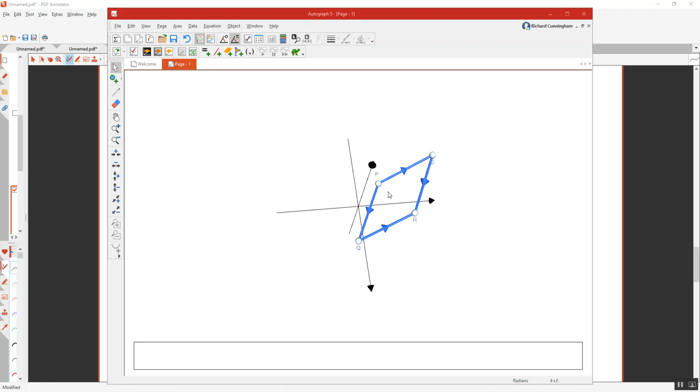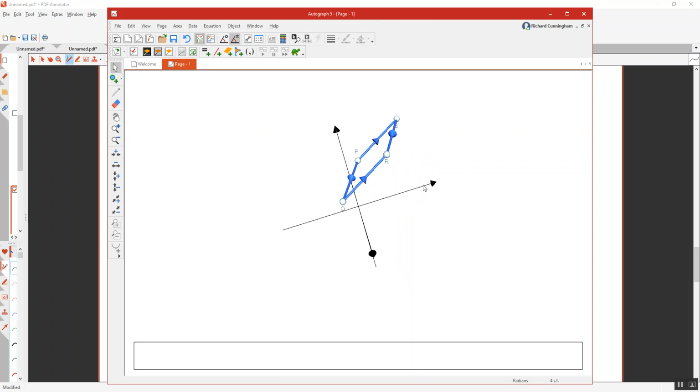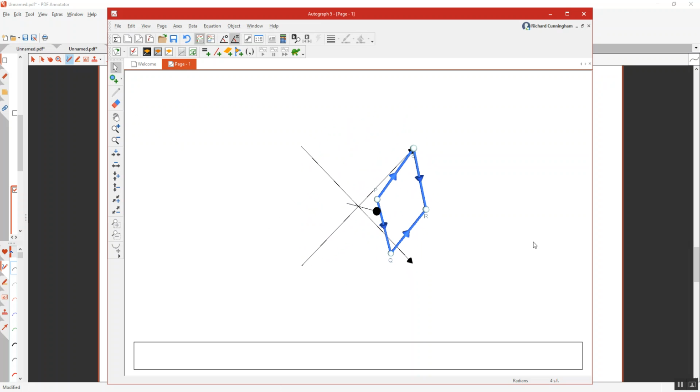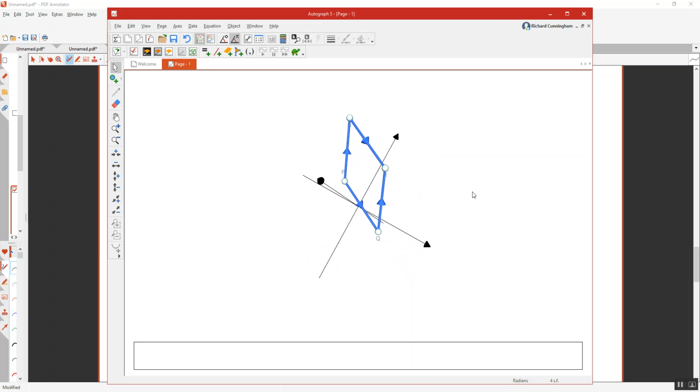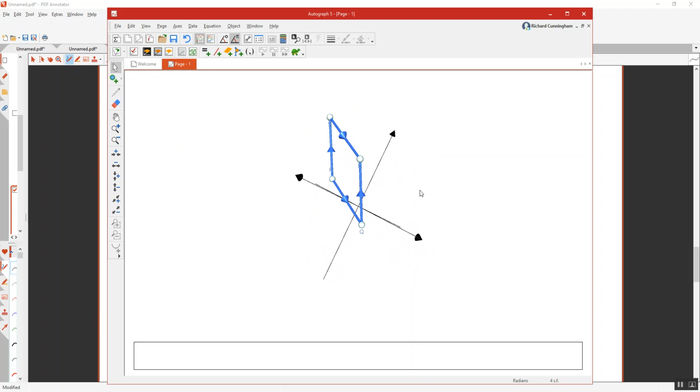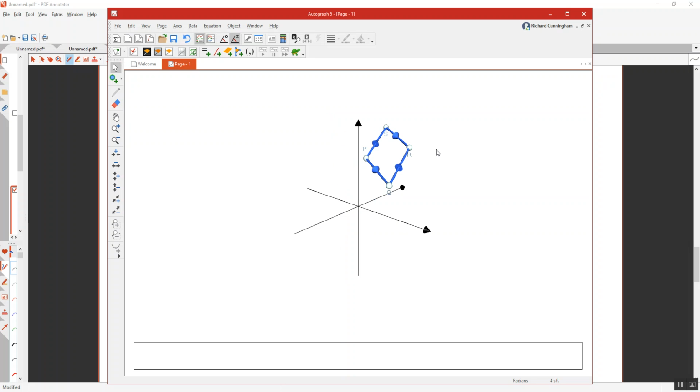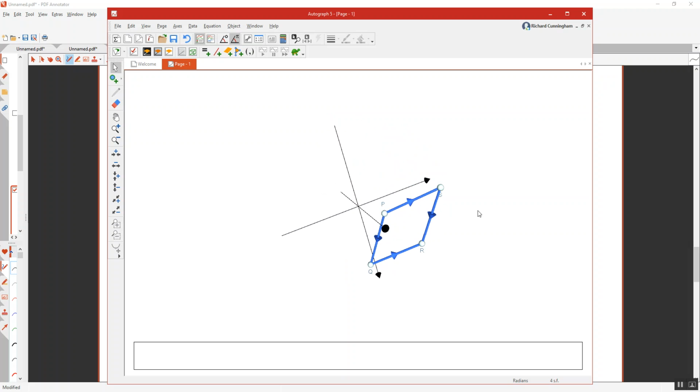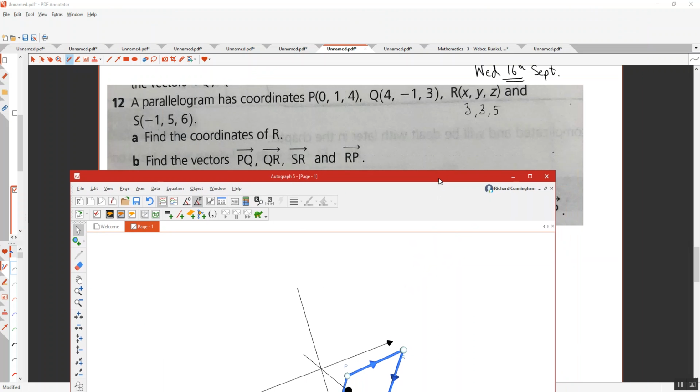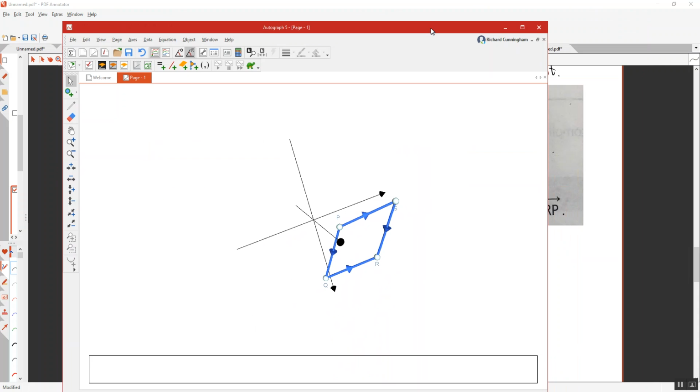So there we go, those are our vectors, and we can see, yes, it is a nice looking parallelogram in 3D. I just orientate this. I'm also going to put in the vector R to P, because it says it in part B here.